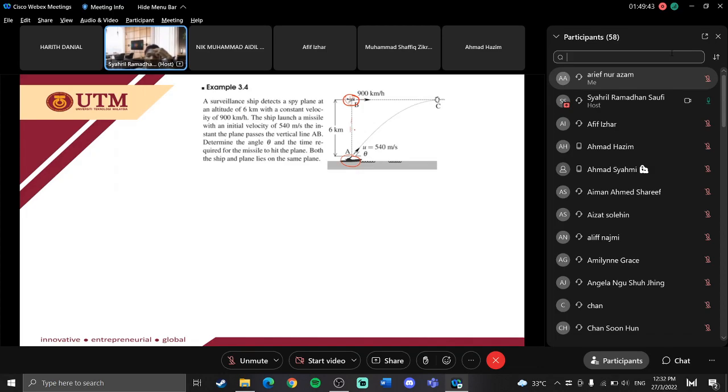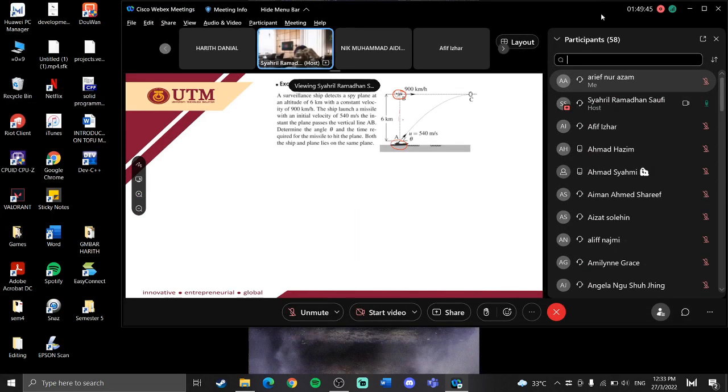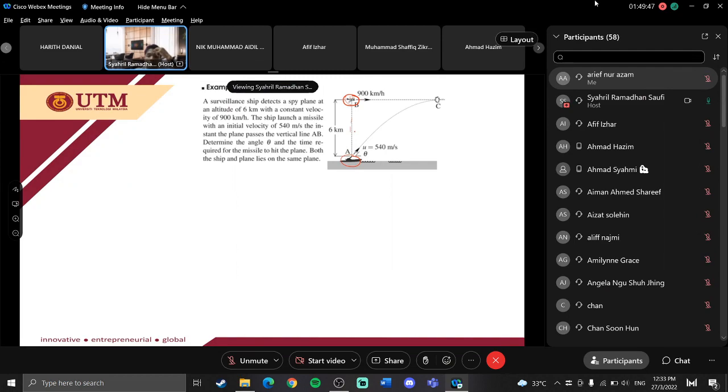So you need to determine the angle theta and the time required for the missile to hit the plane. Both the ship and the plane lie on the same plane, which means it's on the same x-y axis, a two-dimensional analysis.